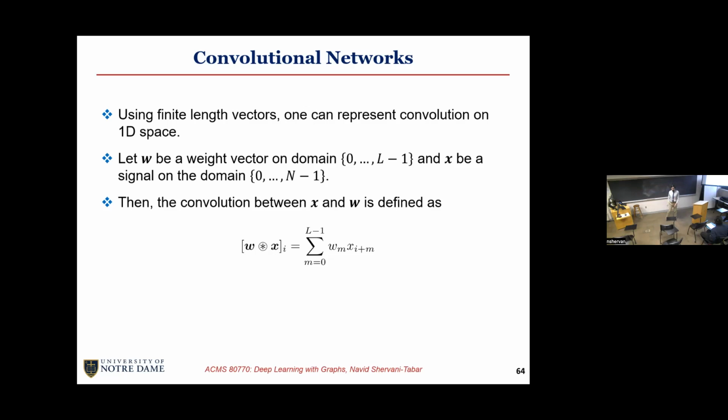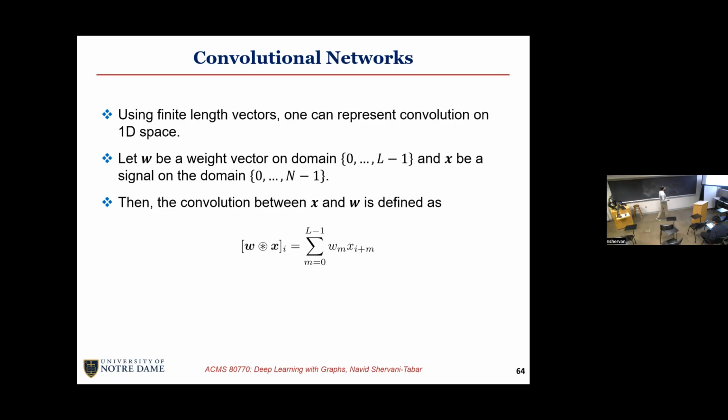So it's an n-dimensional vector. The other one is L-dimensional. And I can write the convolution as a sum of element-wise multiplication of that weight vector with my input data vector over different windows.